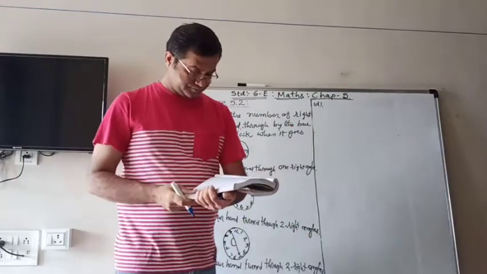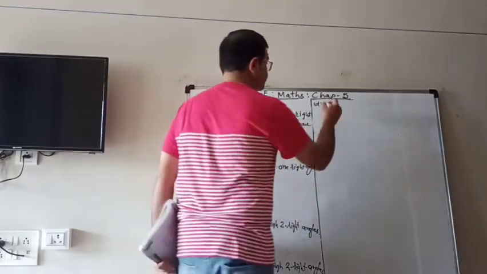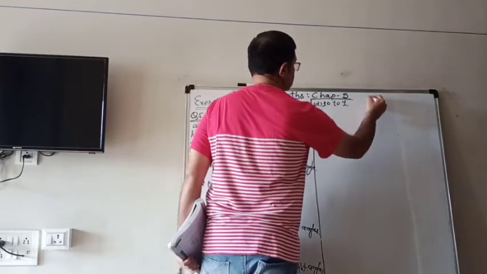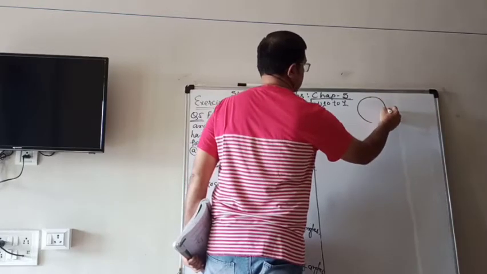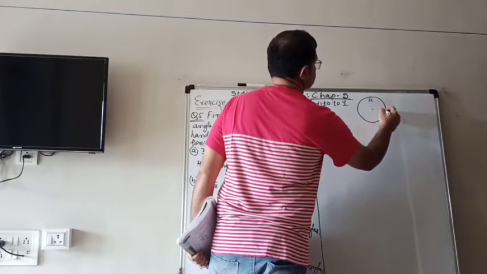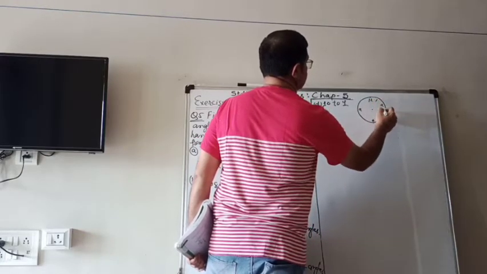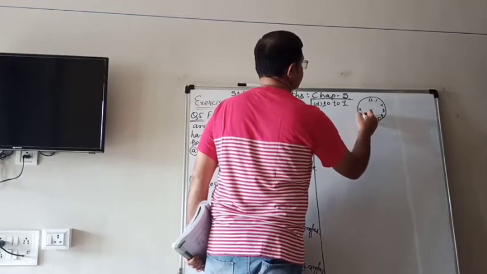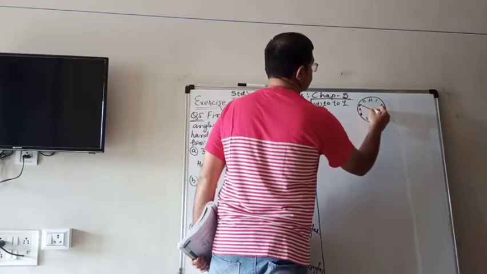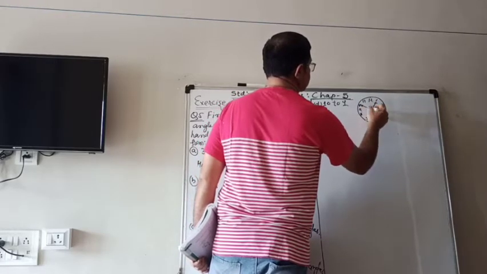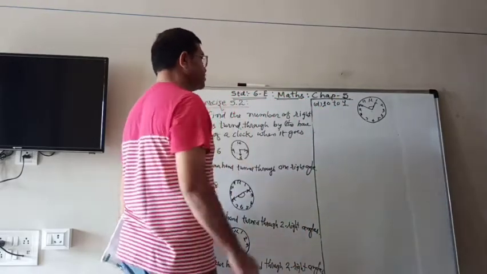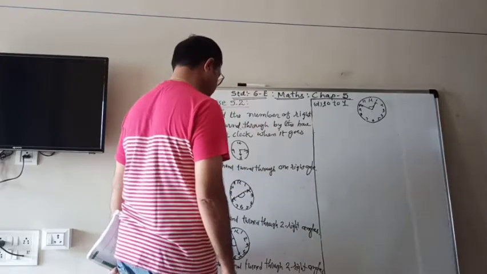Now in D, it says 10 to 1. Now from 10 to 1, you can see that it is only 1/4 of a revolution. So it is turned through only 1 right angle.